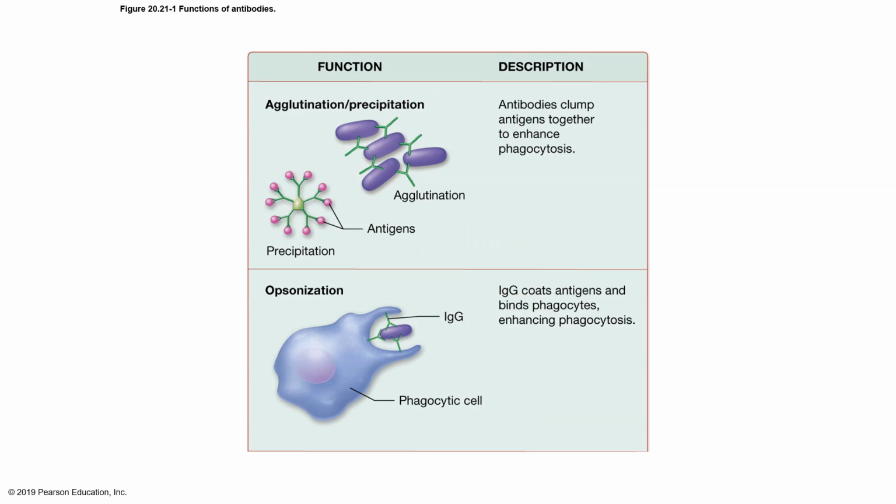So these are just close-ups of agglutination and precipitation, where the antibodies clump the antigens together and enhance phagocytosis. This is opsonization, where IgG coats the antigens and then binds the phagocytes, the phagocytic cell, like this macrophage. That enhances phagocytosis.